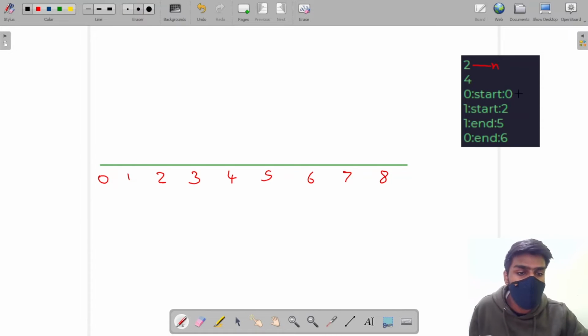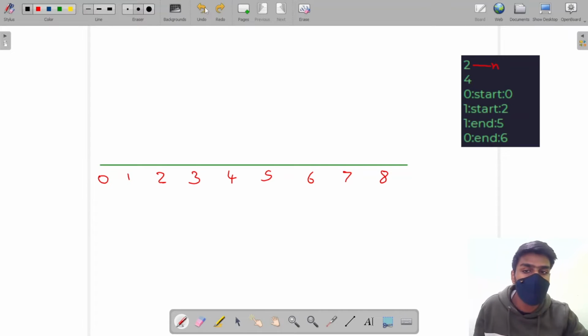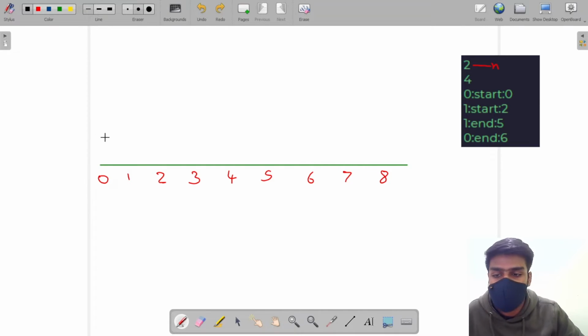So now I will create a function for this. It will start the 0th function. This is the index and this is the starting point. If it is written start, then it is the starting point. If it is written end, then it is the ending point. So the 0th function will start from 0.